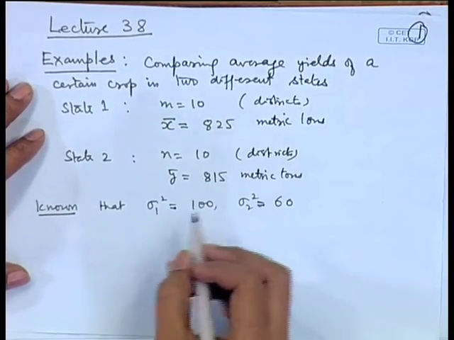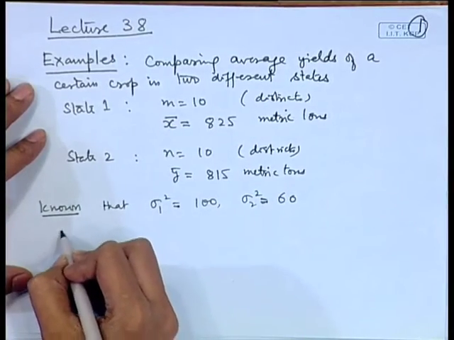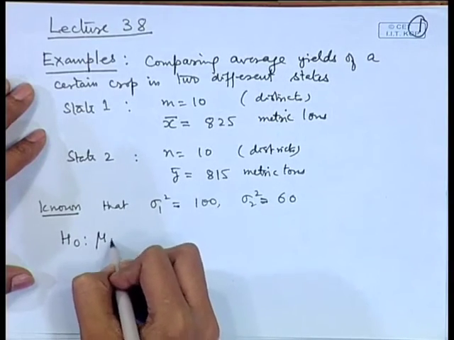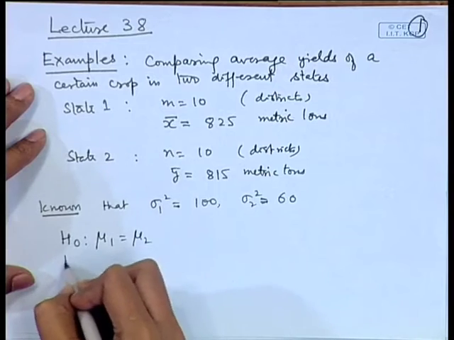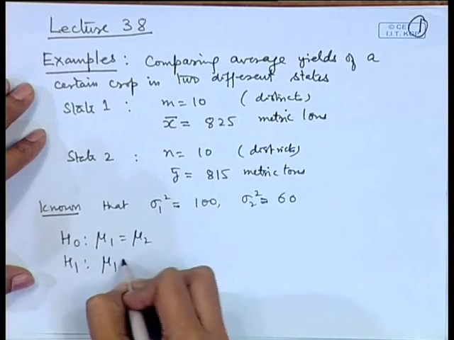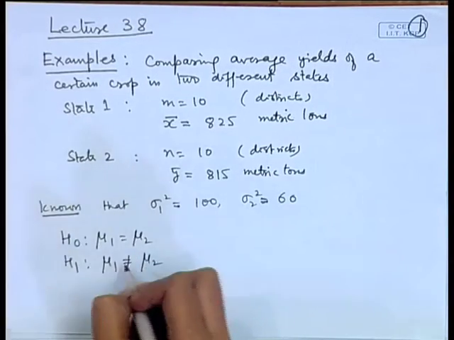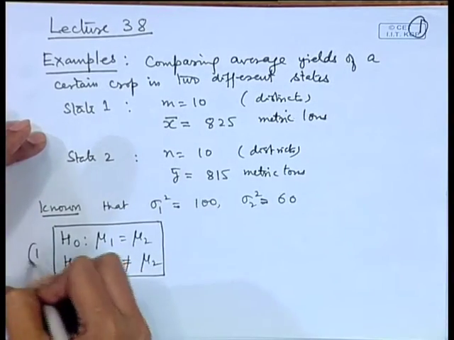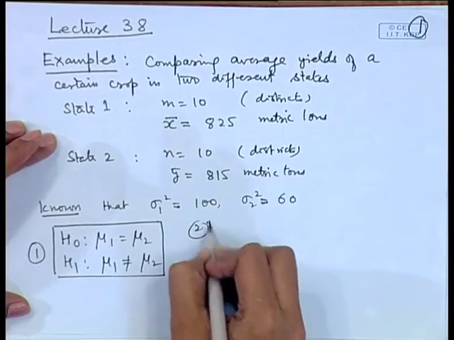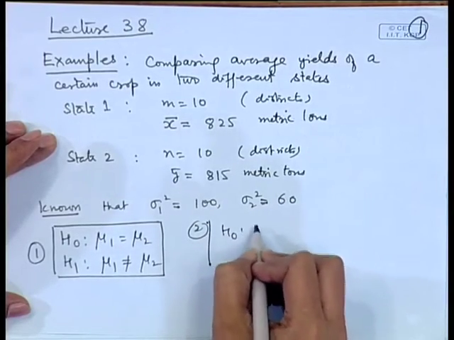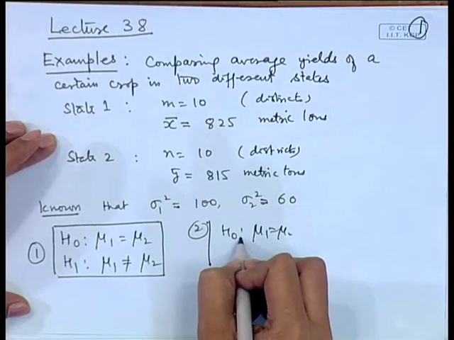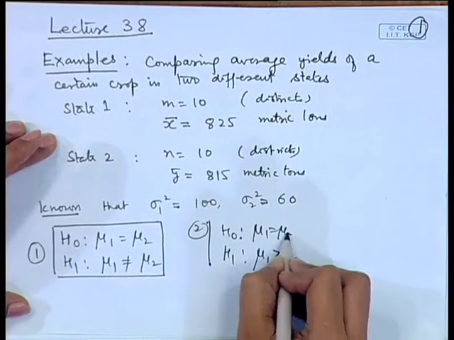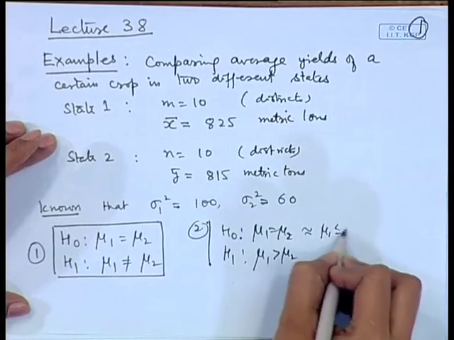So, we want to test whether mu 1 is equal to mu 2 against H1, mu 1 is not equal to mu 2. Onwards I will consider this as hypothesis 1. The second hypothesis I will consider is H naught: mu 1 is equal to mu 2 against H1: mu 1 is greater than mu 2, which is equivalent to H naught: mu 1 less than or equal to mu 2.